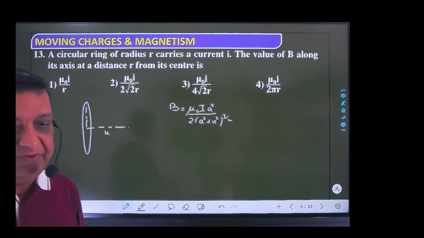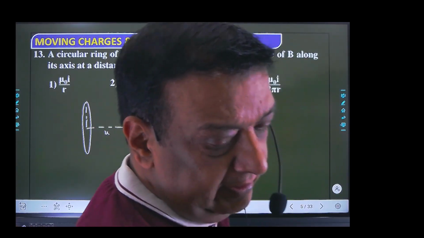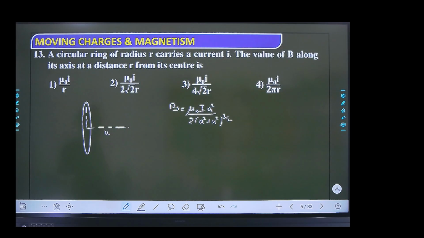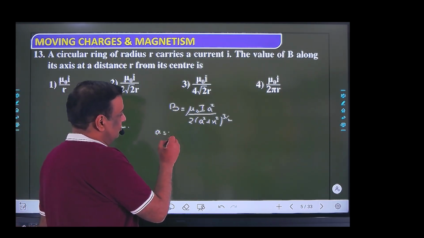Now in this question we are given that the radius is r and the distance where the magnetic field is calculated is also r. That means A is equal to x is equal to r.